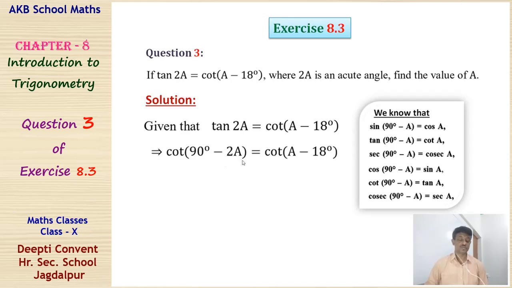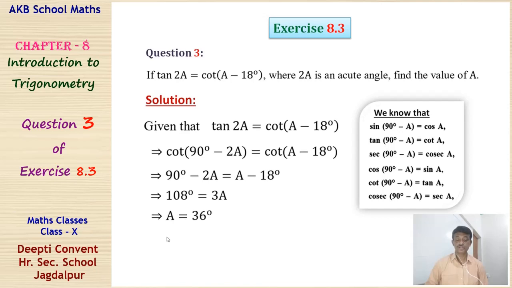Both sides are cot of some angles. This is an acute angle, and 90 minus the angle is also acute. So both are equal, and we can equate the angles. Now you can solve it and find the value of a.